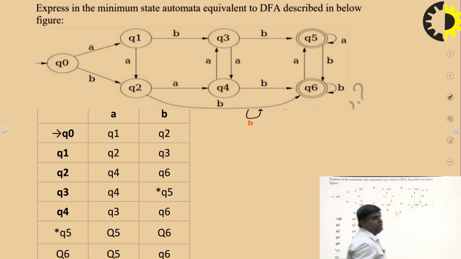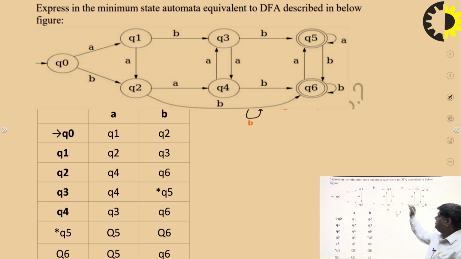Now, we move on to the deterministic finite automata minimization. First, we check whether the given problem is a DFA or not. This is a complete machine and the path is defined. There are 2 important things for the DFA.